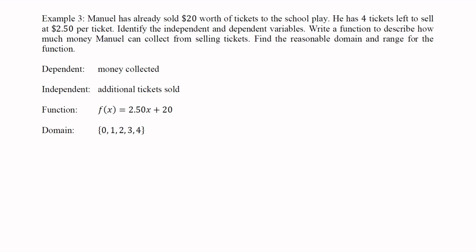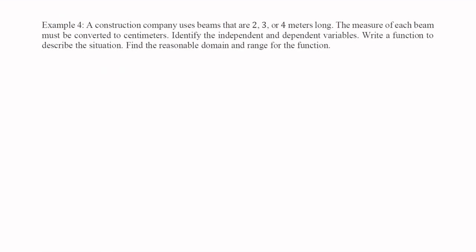He could sell 1, he could sell 2, he could sell 3, or he could sell all 4. If you plug in all 5 of these numbers into the function, these are the possible outputs that you would get for the range. So he could end up selling $20 worth of tickets if he sells no more tickets, all the way up to $30 worth of tickets if he sells the 4 that he has left.